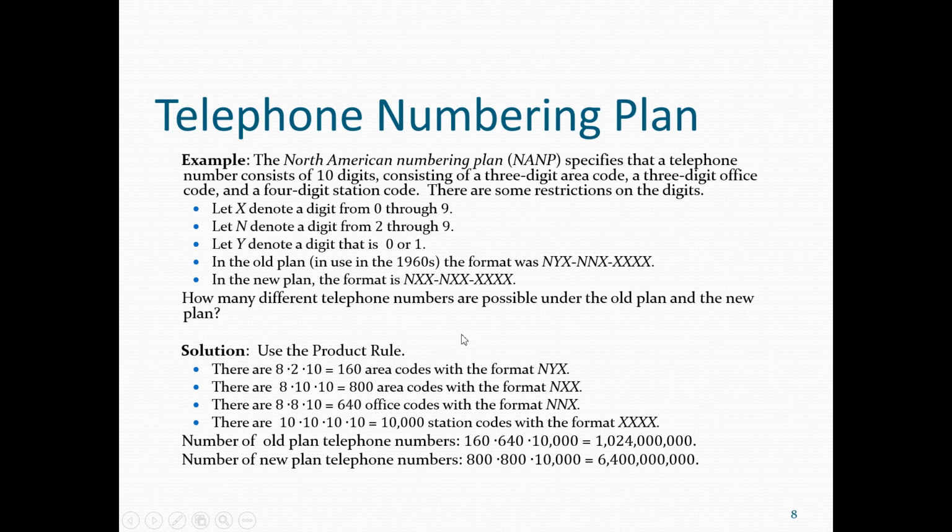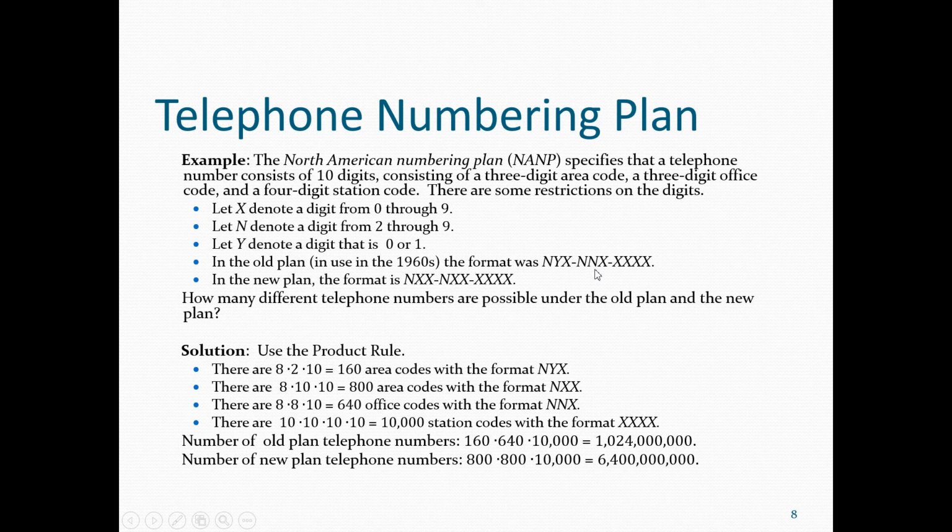So the area code can be made in 160 ways. We have 160 area codes of this format. Next, the format NXX for the area code: N can be chosen in 8 ways and each X in 10 ways, so we have 800 area codes of this format.